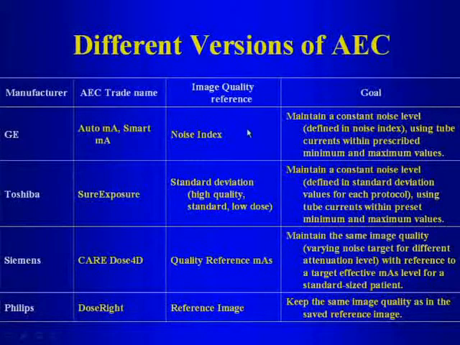And here shows some different versions of the AEC from different vendors. The detail of those implementations is beyond the scope of this presentation. If you're interested, you can do more detailed investigation on those implementations.